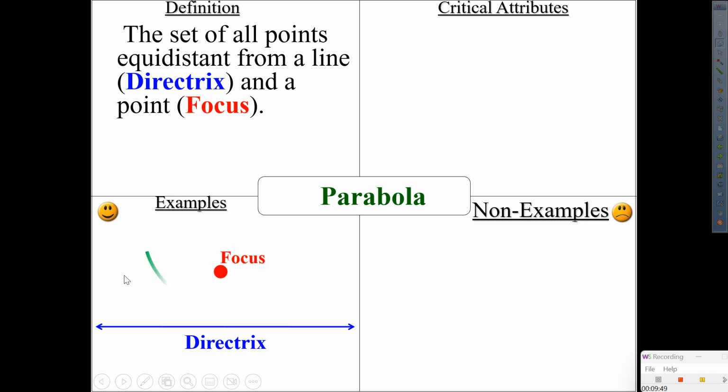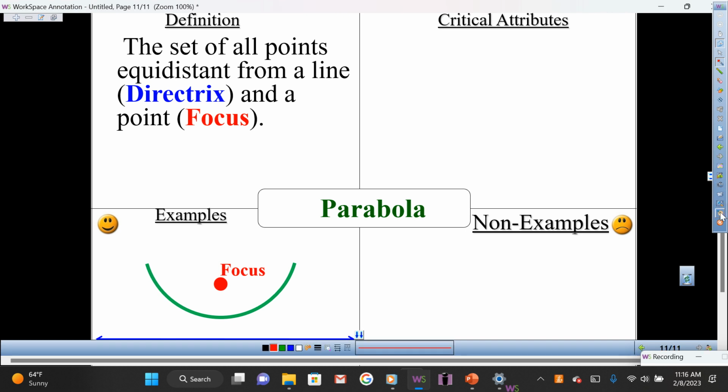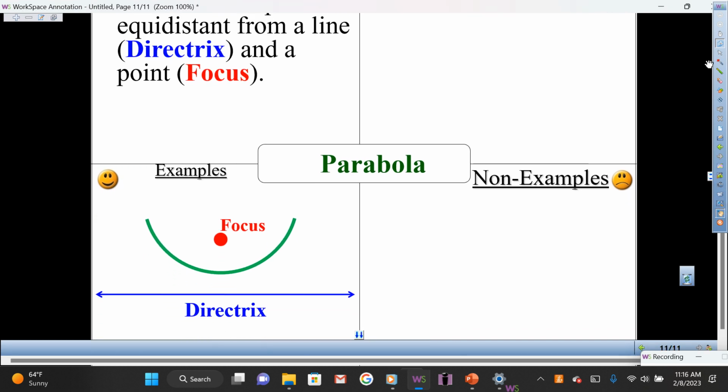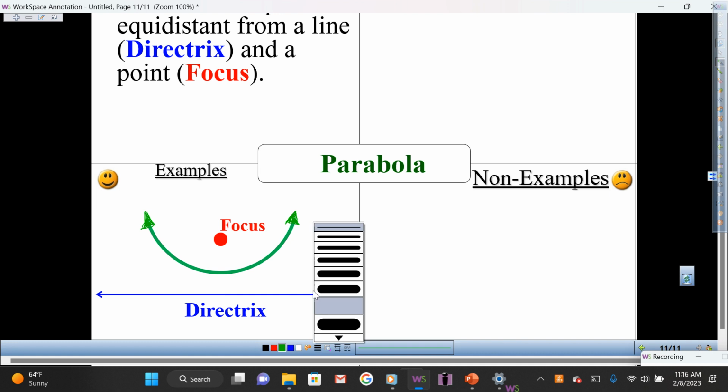Do that in green, please. And of course, we put arrows at the end.